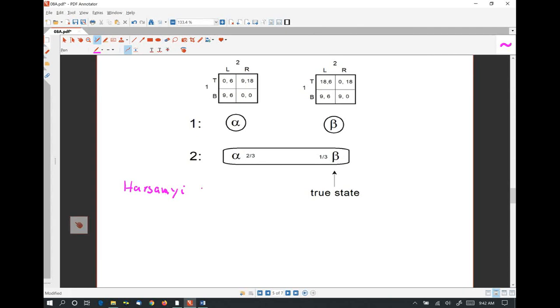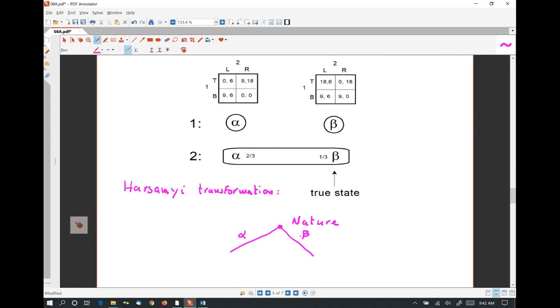So the Harsanyi transformation: what we do is we construct an extensive form game where the first move is a move made by nature. And what does nature choose? Nature chooses the game or the state. Right? So it either chooses state alpha or state beta.